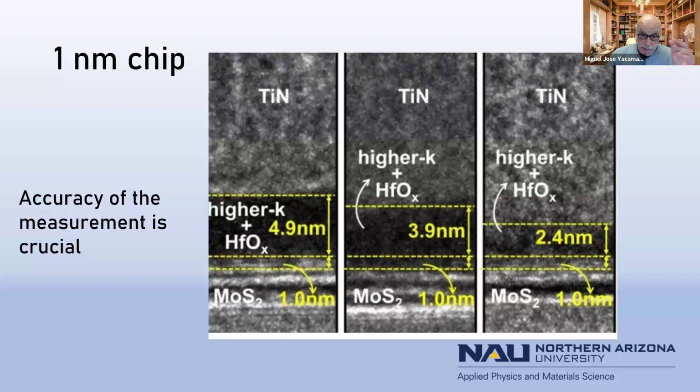In order to be a one nanometer chip, the silicon has to be 1 nanometer. It cannot be 1.2, it has to be 1 nanometer. And the contact has to be with a metal or with a semiconductor, depending on what. So you have to control your contacts very carefully.